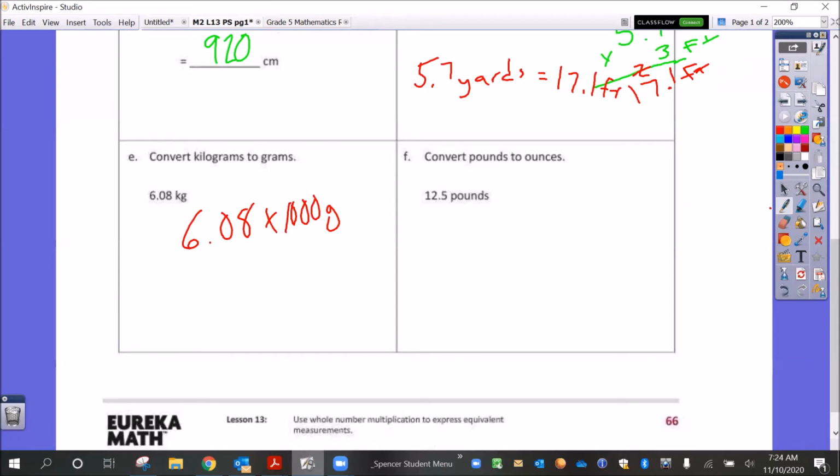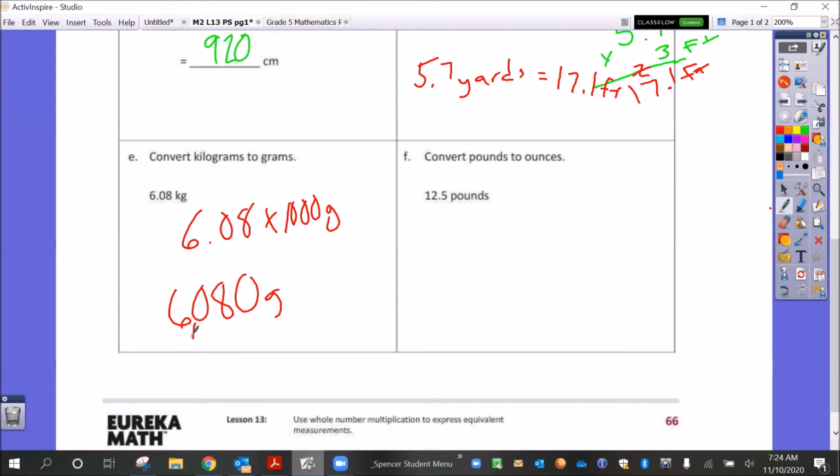Okay, well, we probably could do this one in our head, right? Because we're multiplying by a multiple of 10, 100, or 1,000. So it has 3 zeros, so that's giving us the hint that we're shifting place values 3 times to the left, and it should be 6,080 grams should be our answer.